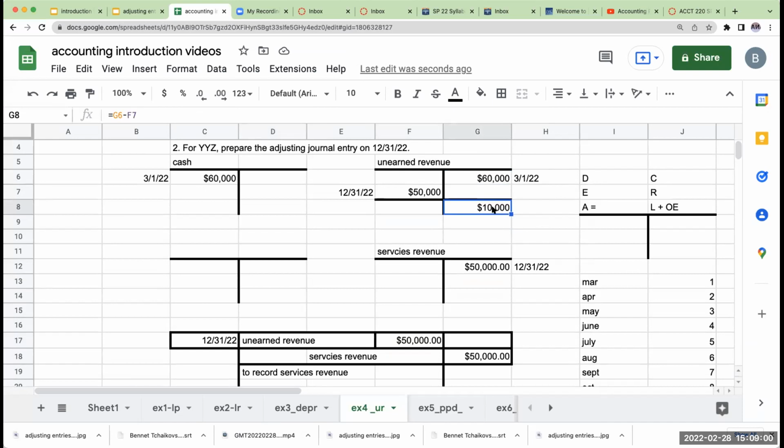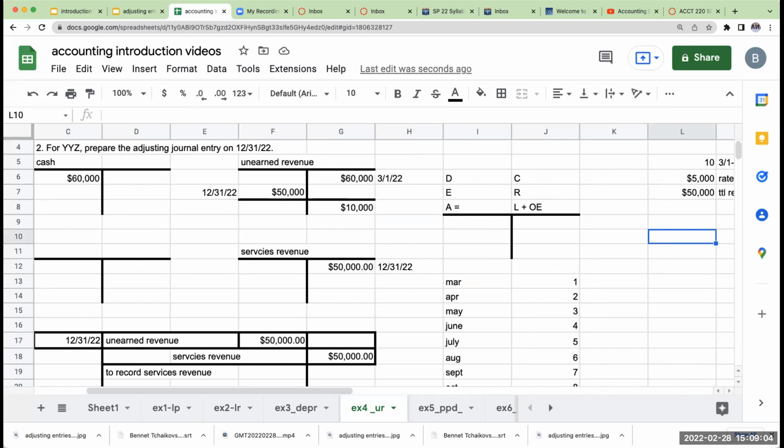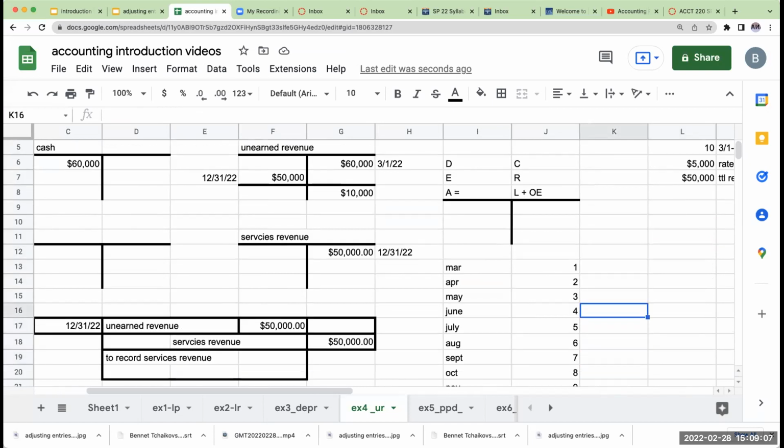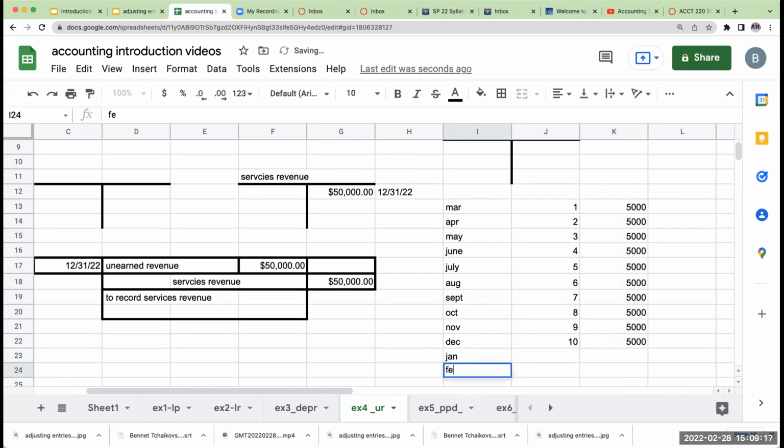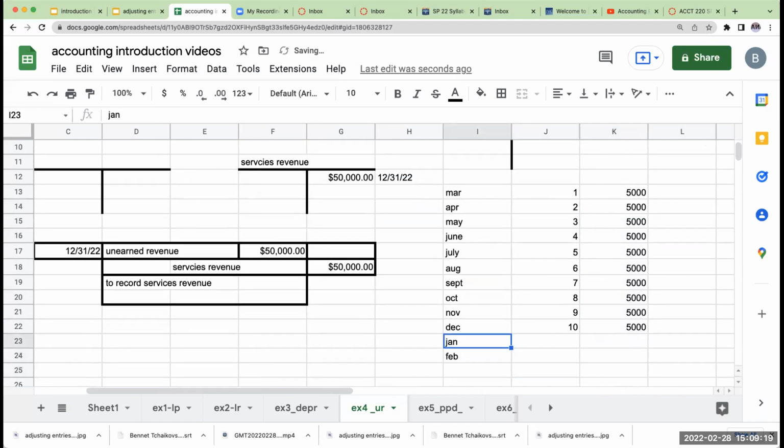Let's think about it. This $10,000 represents what? It's the work I have not yet performed. And if I look at this, every single month, I'm performing $5,000 worth of services. And in January, and then in February of 23, over here, 11 and 12, or you can say that's 1 and 2.